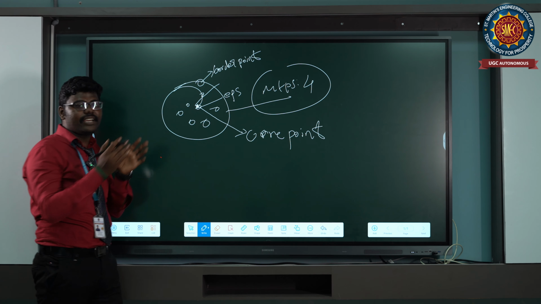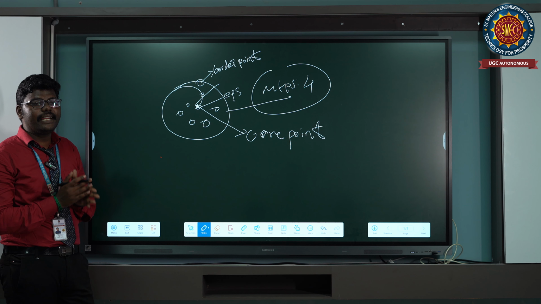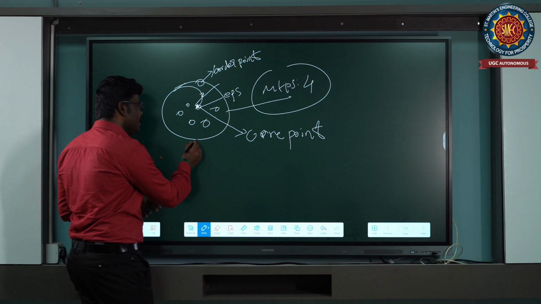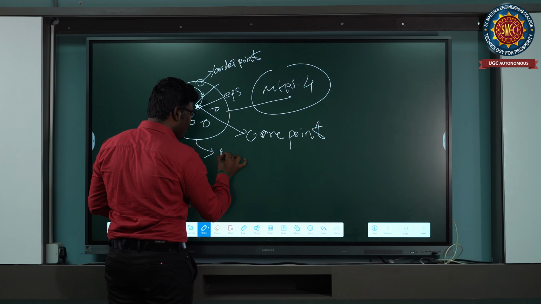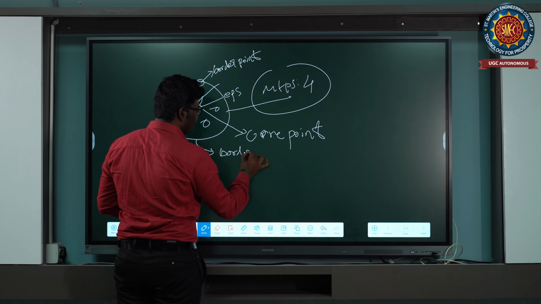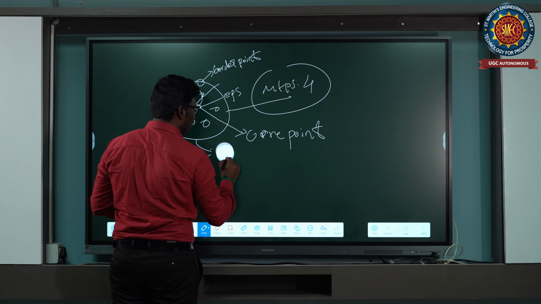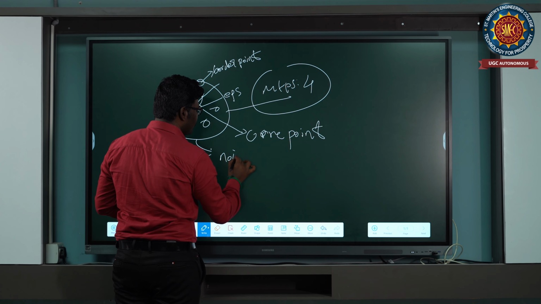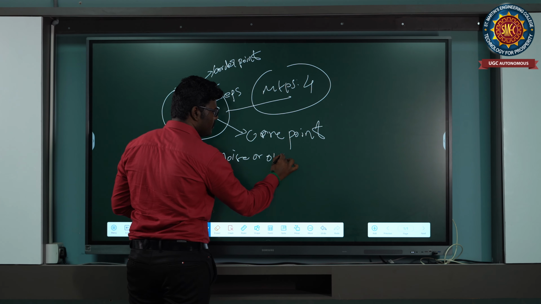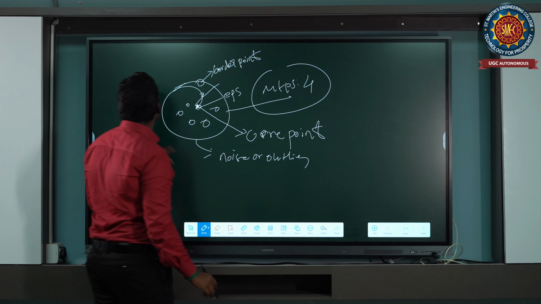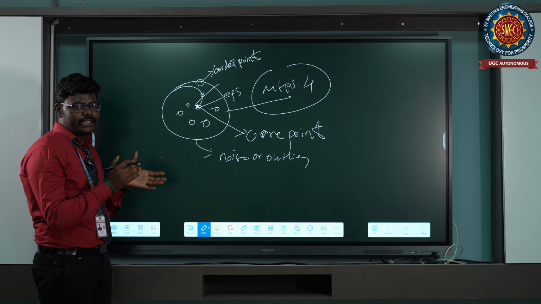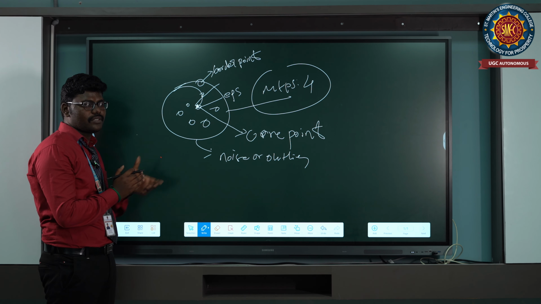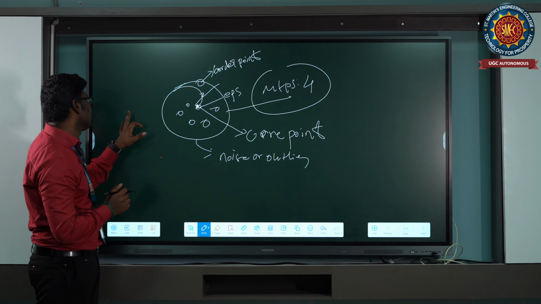Completely deviating from the circle, we call it the noise point or outlier point, right? So this is the way to measure the data points in density based clustering methods, right?